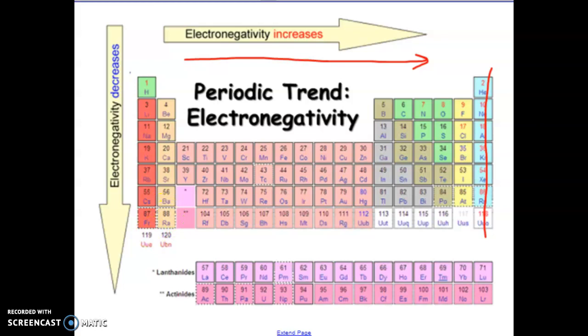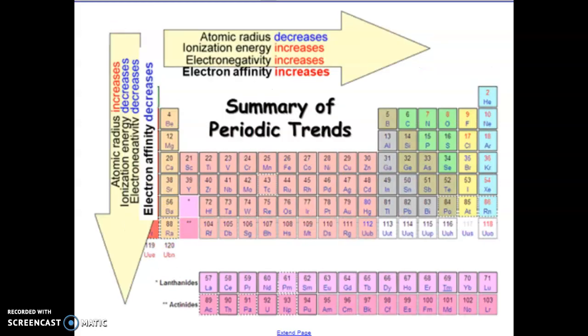Okay, and this last slide that's here is basically a summary of all 4 trends that we looked at. The part about ion radiuses was just a little information to understand what happens to atoms when they become ions. But really, we looked at 4 trends: atomic radius, ionization energy, electronegativity, and electron affinity.